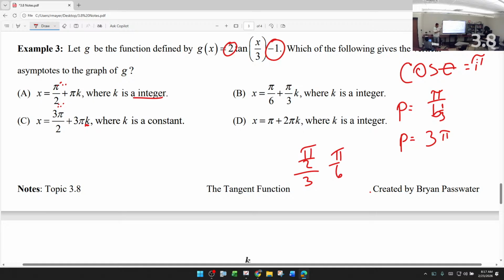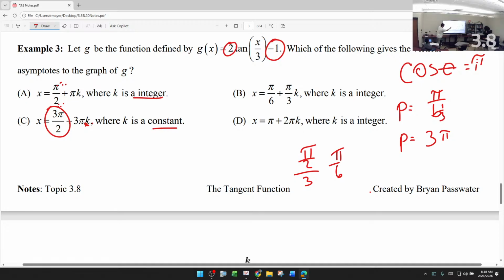So if k was 0, then 0 times 3 pi is 0, and therefore x would be 3 pi over 2. And I would put in 3 pi over 2 for x. If k was 4, 4 times 3 pi is 12 pi. And so I would do 12 pi plus 3 pi over 2. So it repeats itself so many times. Does that help you with k?